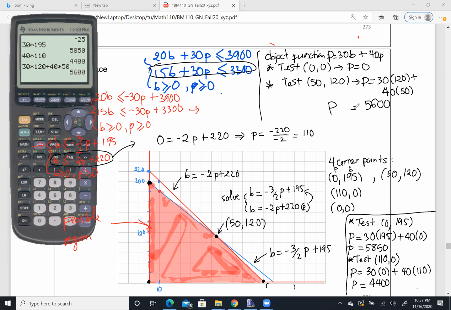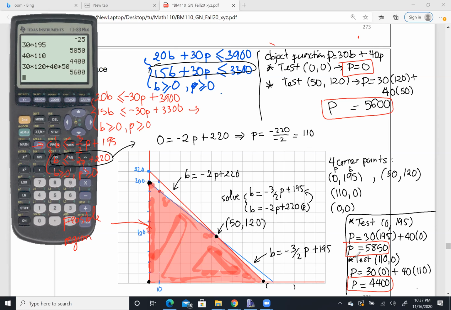So compare all of the p for each corner of the feasible region.